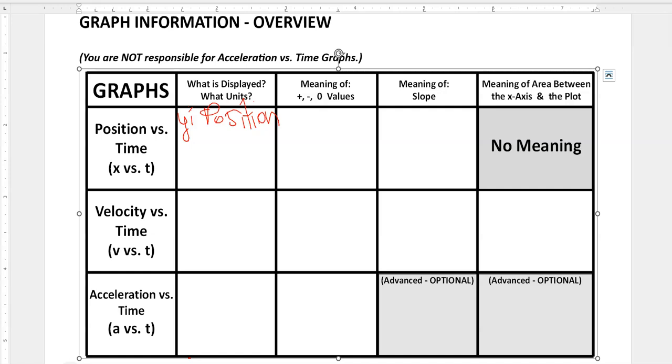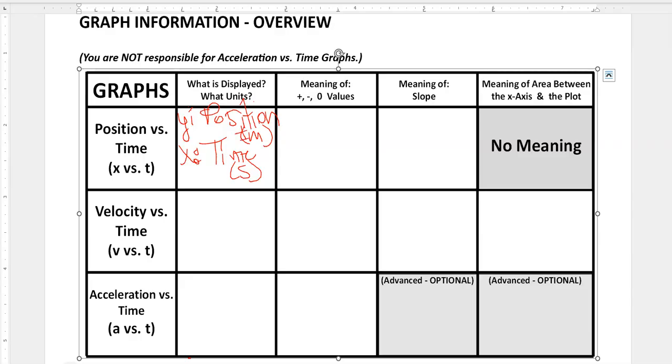And you'll notice time is always on the x-axis. The x-axis will be time. It's always time. And time is in seconds, and position is in meters, technically plus or minus meters.